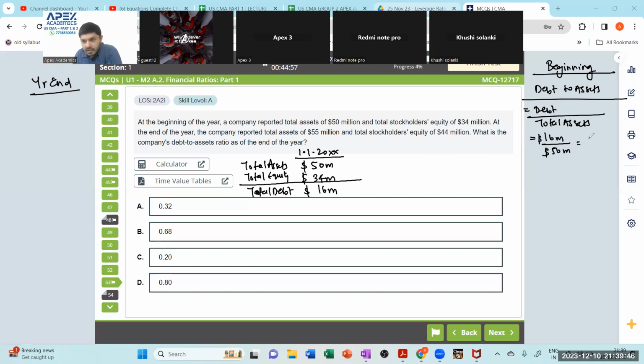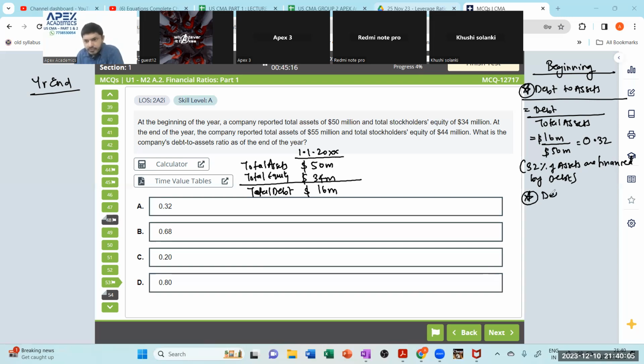What is your answer? 0.32. What is the meaning of this? 32% of assets are financed by debt. Agreed or disagreed? Agreed. First one.